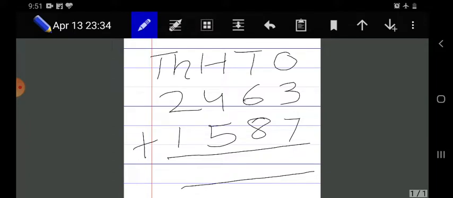As we add 3 and 7, what will we get? We will get 10. So as we get 10, what will we do? We will put 0 at ones place and take away the 1 and put it at the other place value, that is tens, and circle it also, so that it will be easy for you, so that you have to add this one also.